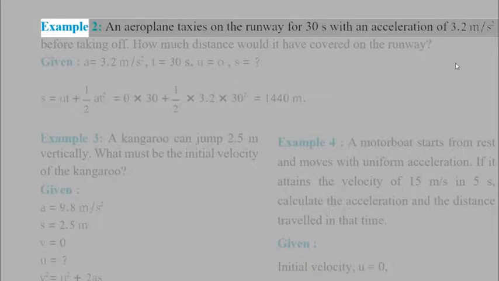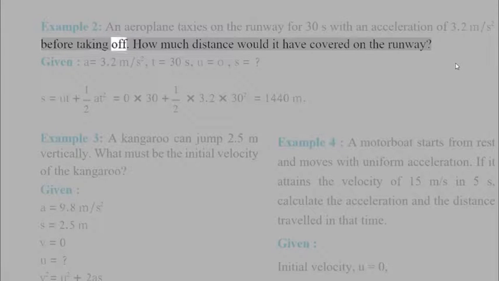Example 2. An aeroplane taxis on the runway for 30 seconds with an acceleration of 3.2 meters per square second before taking off. How much distance would it have covered on the runway?